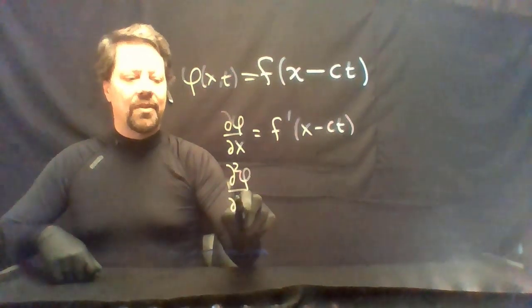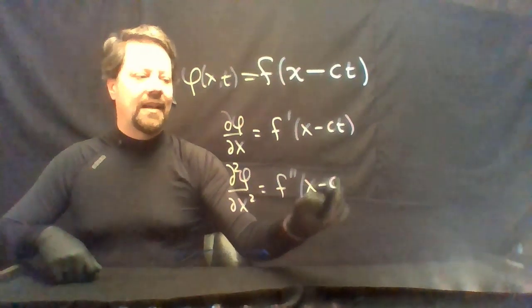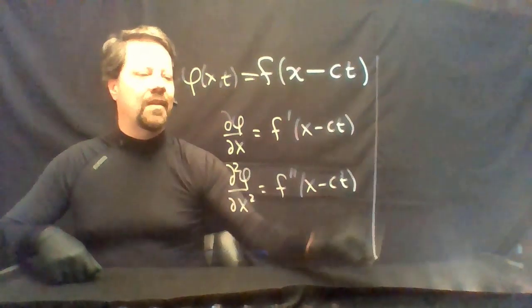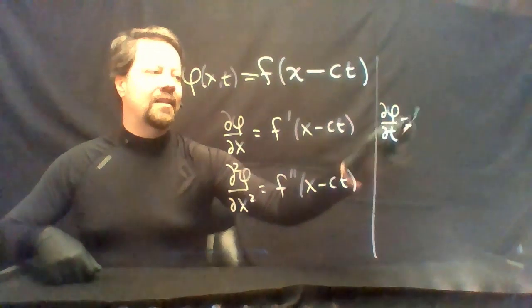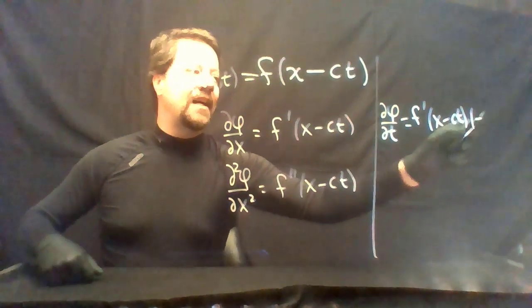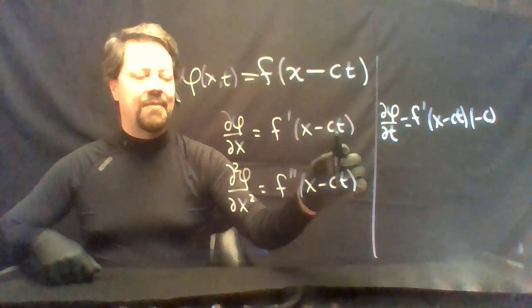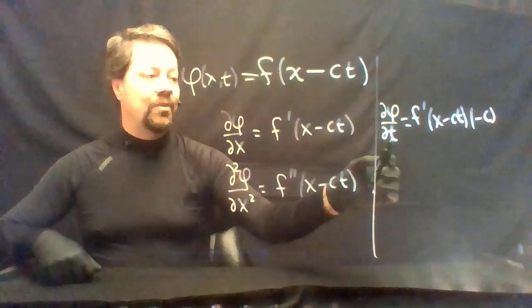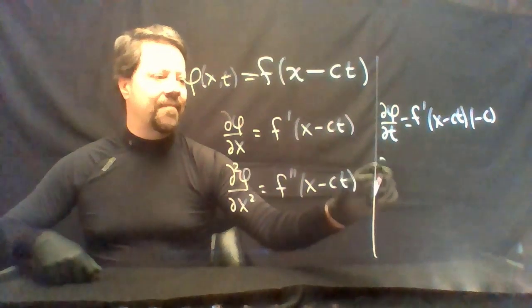Therefore, the second order derivative of phi with respect to x will just be f prime prime at x minus ct. On the other hand, the derivative of phi with respect to t will be f prime at x minus ct times minus c. By the chain rule, you have to multiply by the derivative of the inside with respect to t. That'll give you a factor of minus c.